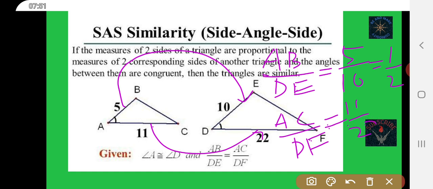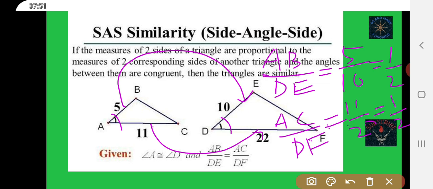That is also equal to 1 by 2. Okay, so the ratios of corresponding sides are equal and included angles, the angle between two sides, okay, are also equal.